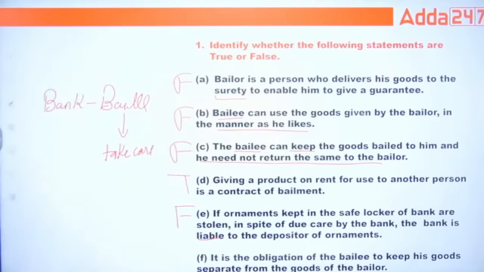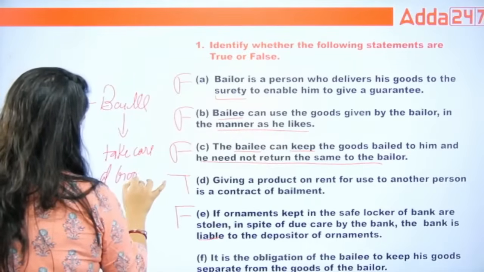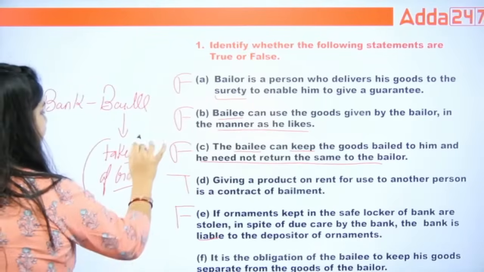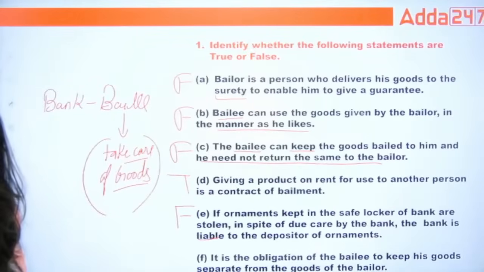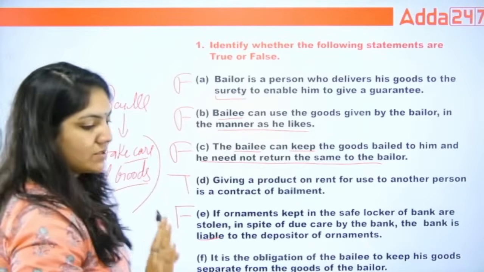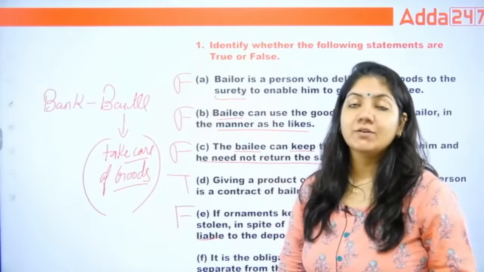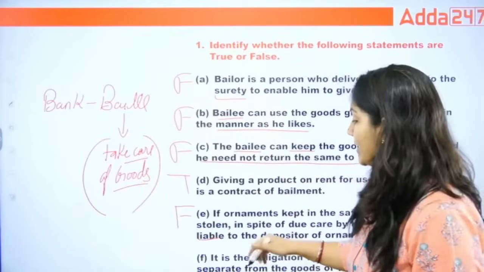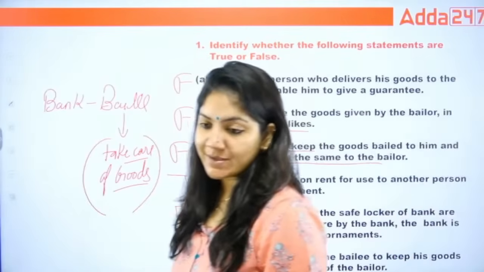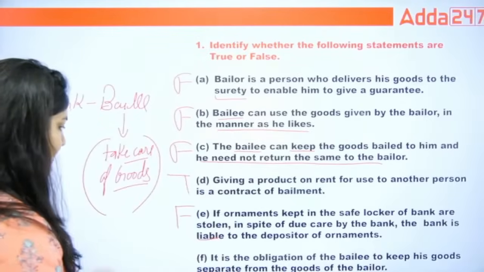If the bank has taken care of the goods as a reasonable person, then the bailee will not be responsible. So that statement, that the bank is liable, is absolutely false. The bank is not liable.